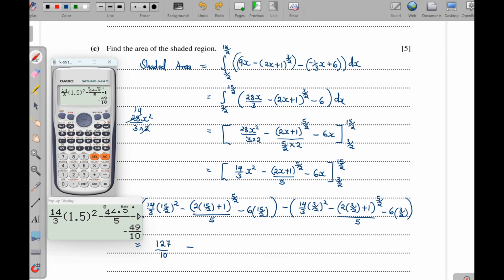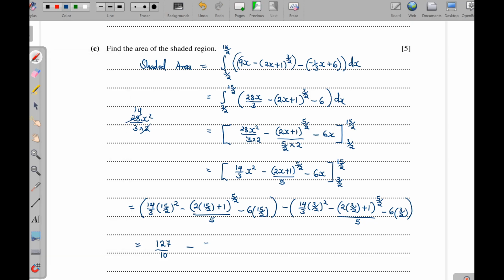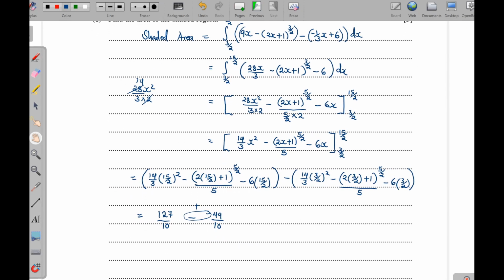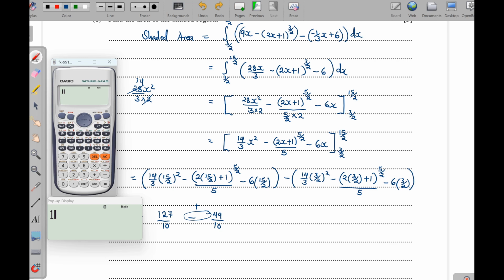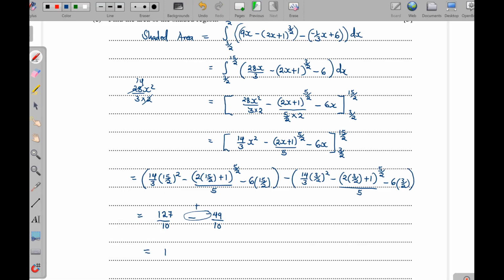And our answer becomes negative 49 over 10. That means this minus will give us a plus. So our answer is therefore going to be 127 plus the 49 over 10. 127 plus 49, that is 176. So when you divide that by 10, your answer becomes 17.6. And that is that.